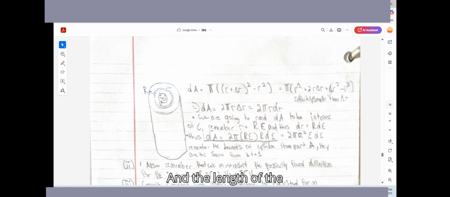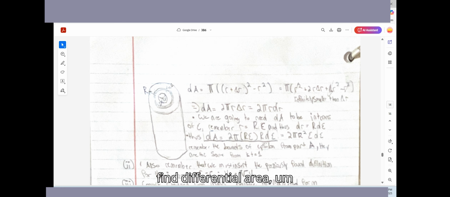And the length of the outer is 2 pi, in parentheses, R plus delta R, because the outside radius is R plus delta R.